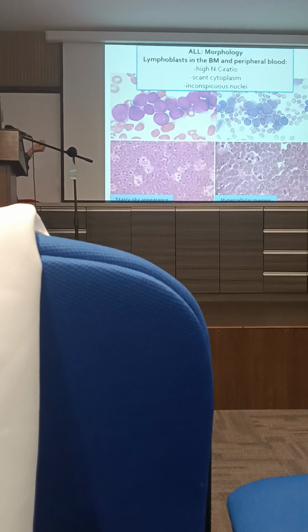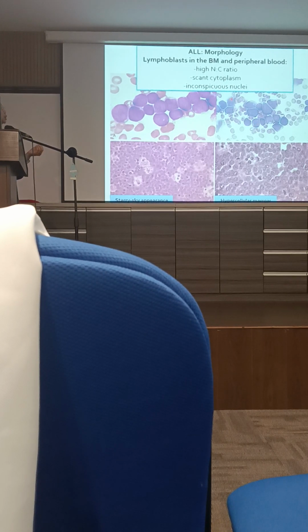So the lymphoblasts in the marrow or peripheral blood would have this description: high nuclear to cytoplasmic ratio. Big nucleus, little cytoplasm. Scant cytoplasm. And inconspicuous nucleoli. You have a nucleus, and in the nucleus you have the nucleoli, the brain of the nucleus.